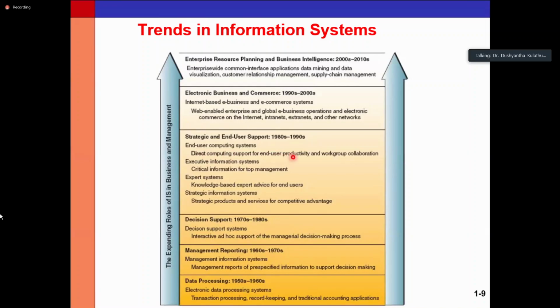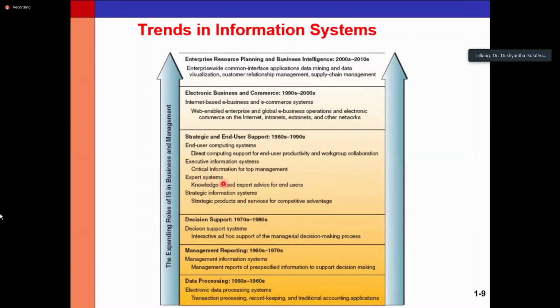Direct computing support for end user productivity and work group collaboration. So he may utilize it for his or her purposes and processes, and he can achieve what is required through the particular system. Then another category emerged during this period: executive information systems, providing critical information for top management.